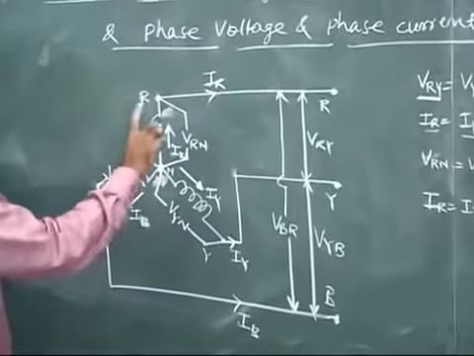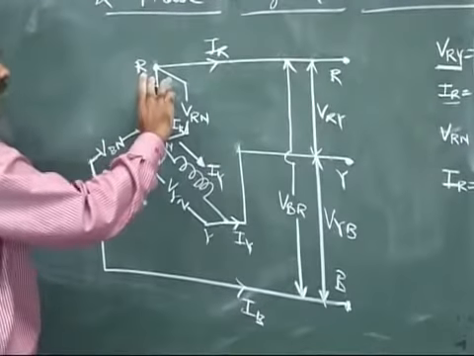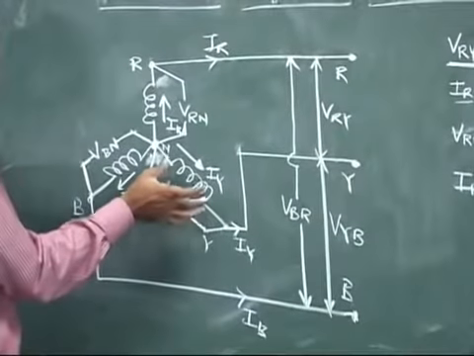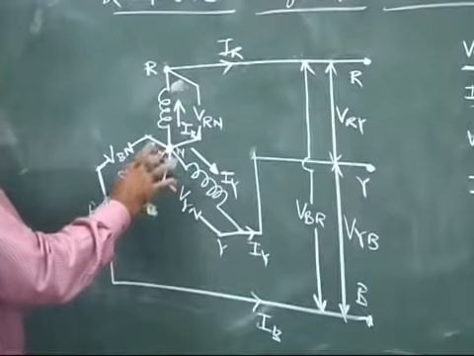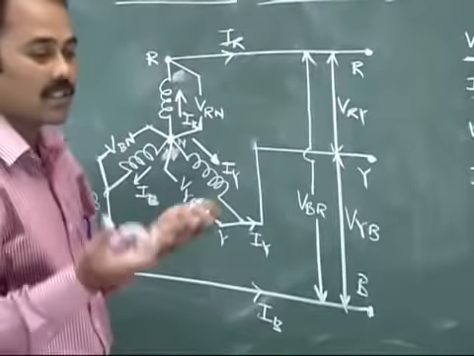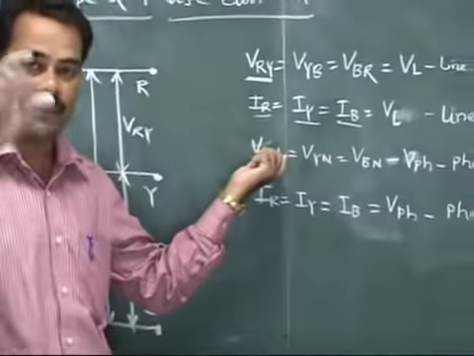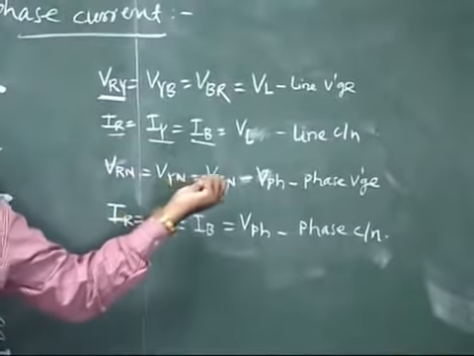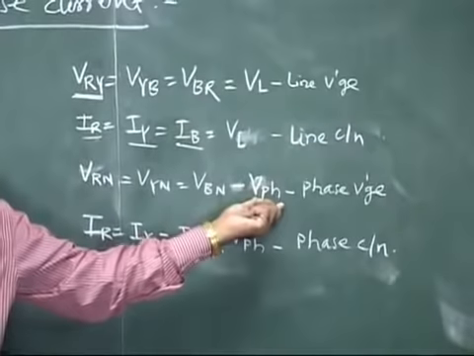Here VRN is the voltage across the individual phase R, VYN is the potential difference across the individual phase Y, and VBN is the voltage across phase B. That is, the potential difference between phase R and the neutral is VRN, and VYN and VBN likewise are all phase voltages.